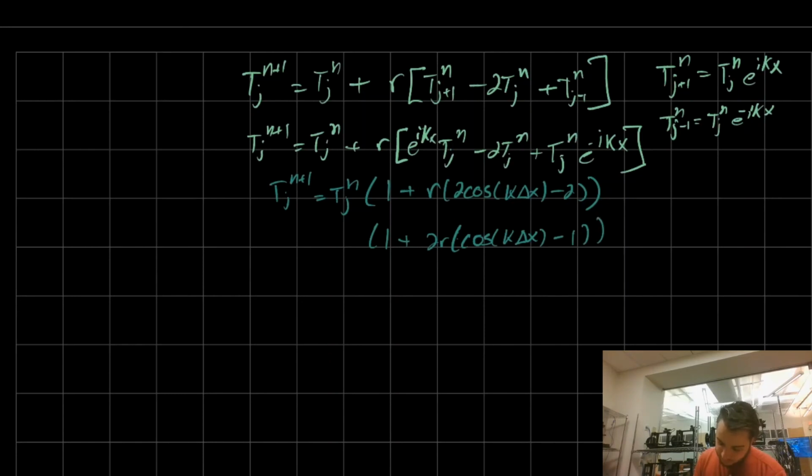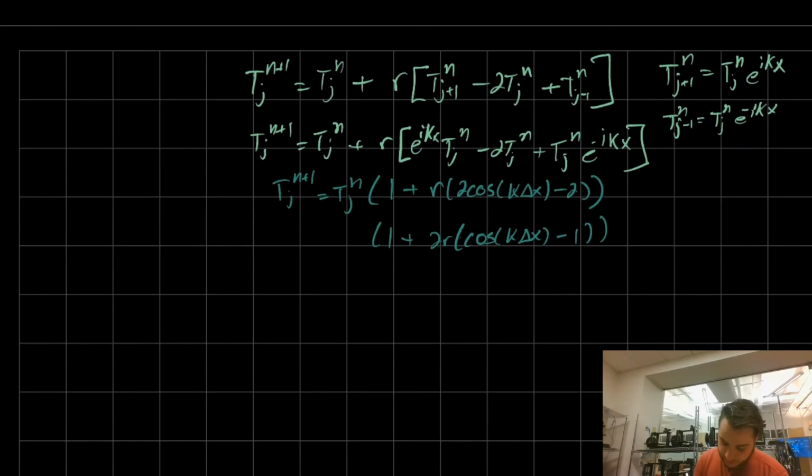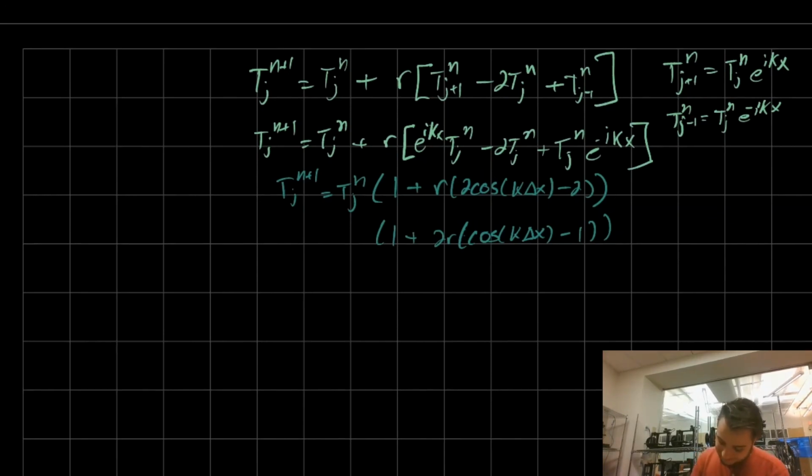So we know that this whole equation, hold on, I'm missing something. Okay, it's actually correct, surprisingly. So we know that these values right here have to be between negative 1 and 1.